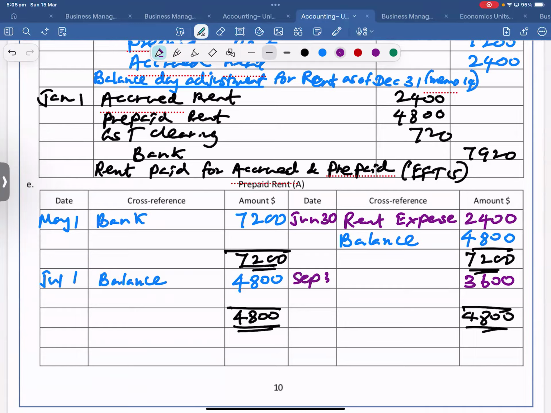September 30th, rent expense. And then the balance 1,200. Then the opening balance for October 1st is 1,200, one month's rent.